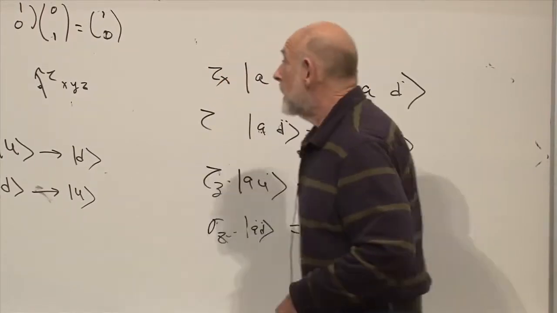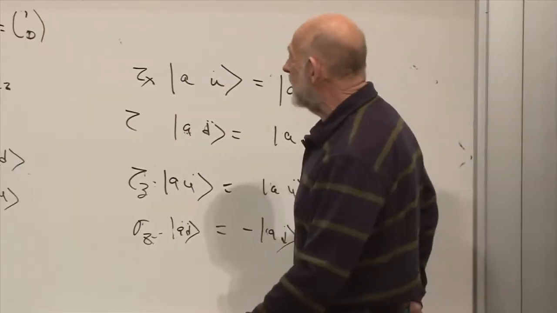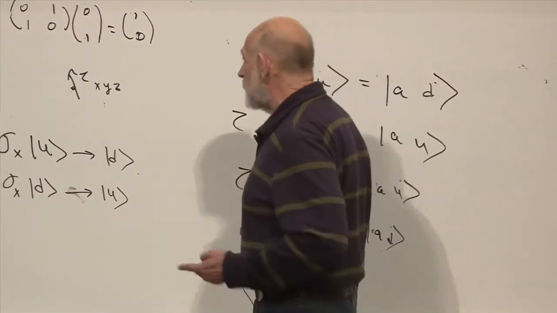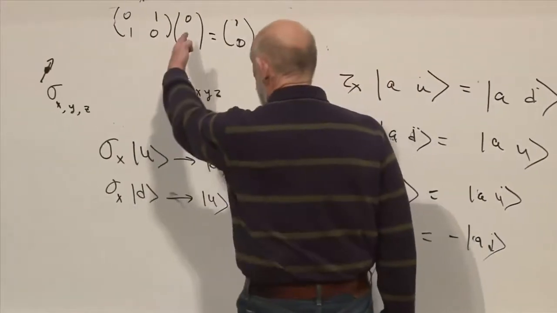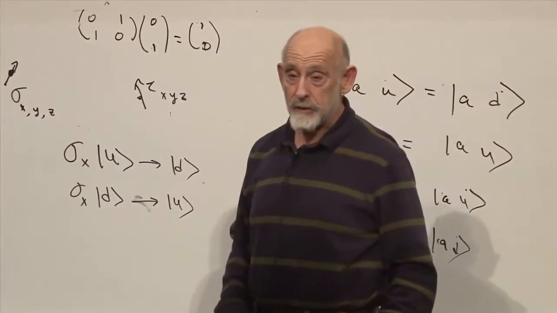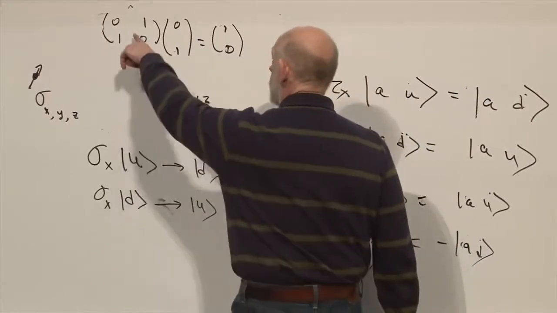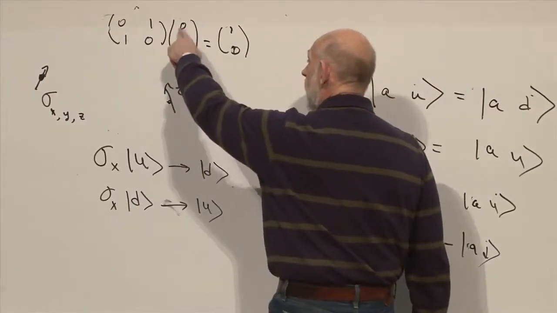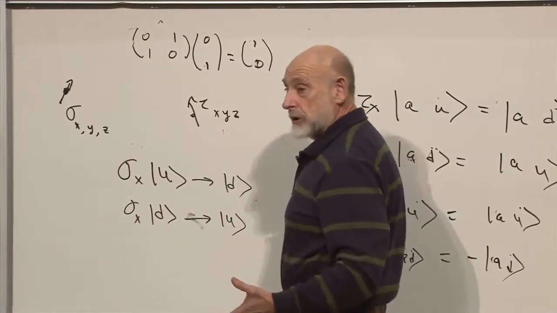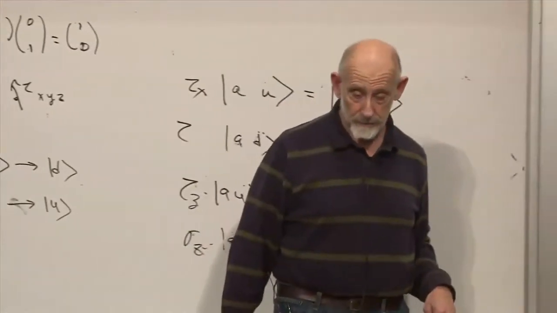It doesn't have any particular special physical meaning, but in this particular case, what it tells you is that (0, 1) and (1, 0) are about as far from eigenvectors as you can get. And it tells you that if you measure sigma x in an eigenstate of sigma z, the result is as random as it can be.